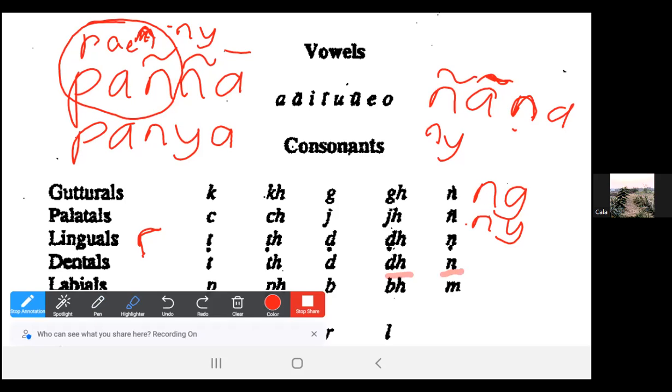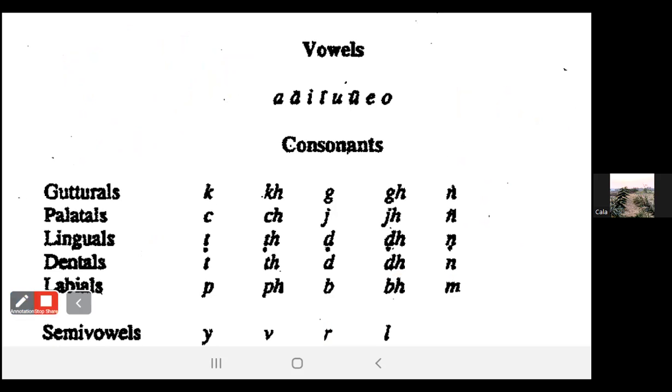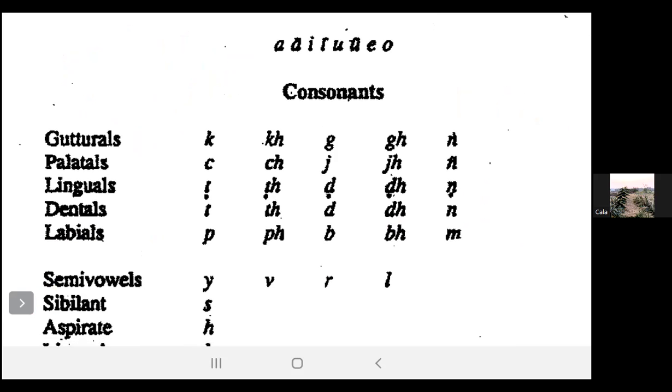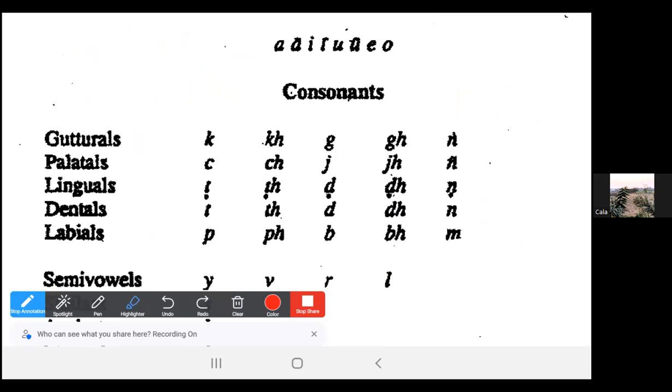Okay. So next one will be the P sound. The P sound is labial because it's to do with the lips. So I think everybody understands it. So pa, pa, ba, ma.